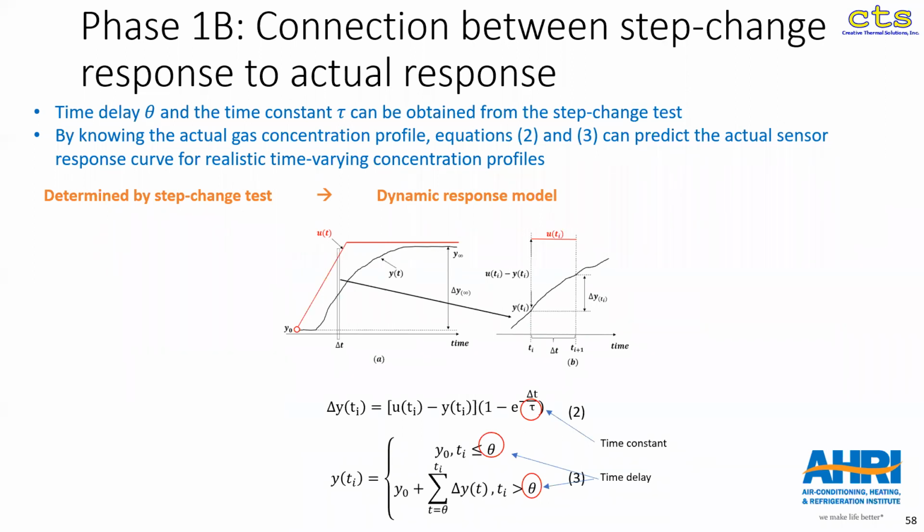Based on these identified sensor characteristics in terms of time delay and time constant, we can make use of linearization and control theory. We can use linear transfer functions and model what the sensor response would be if we don't have this steep step change, but this time varying profile. Next, please.